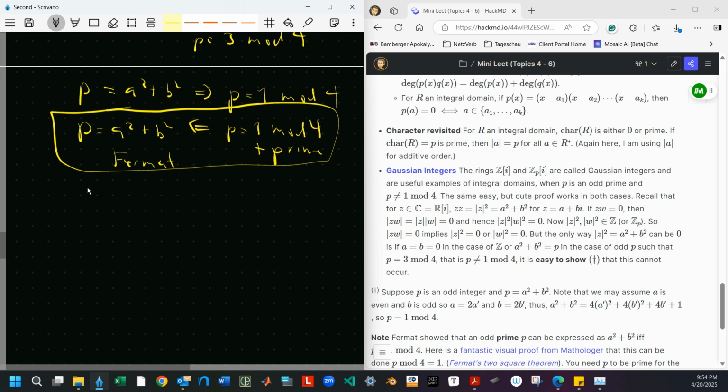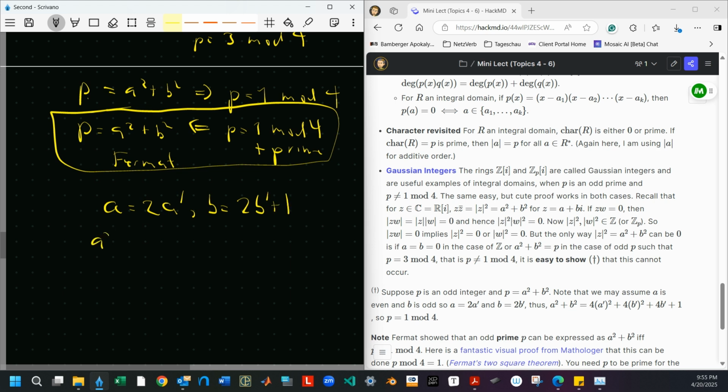So the point is this: if P is odd, then we know that one of A and B has to be even and one has to be odd in order for that to be true. So we may as well assume that A is even, so A could be 2A prime, and B could be 2B prime plus 1, because it's odd.